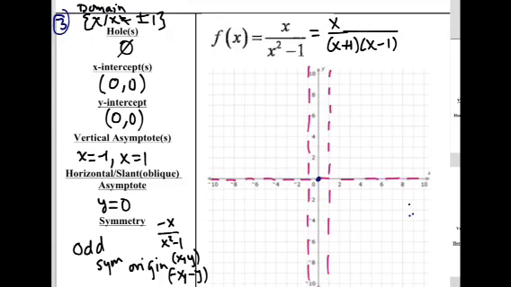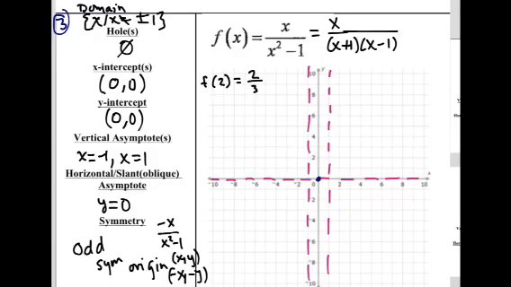I can get rid of those dots. I can evaluate like f of 2 to see what I get. So let me go ahead and do that. F of 2, and I'll put it up in this corner. F of 2, so that gives me 2 over 4 minus 1, because 2 squared is 4, 4 minus 1 is 3.